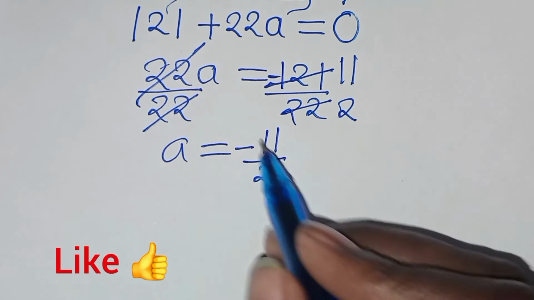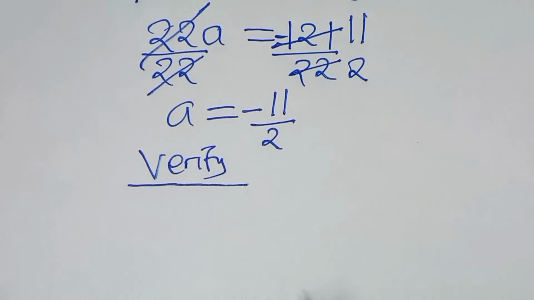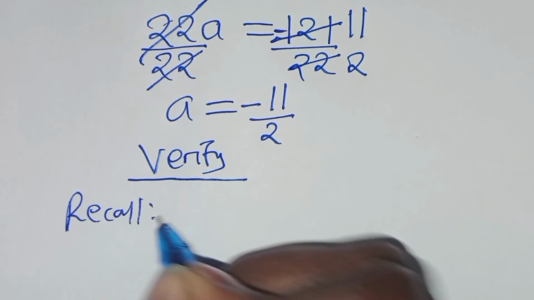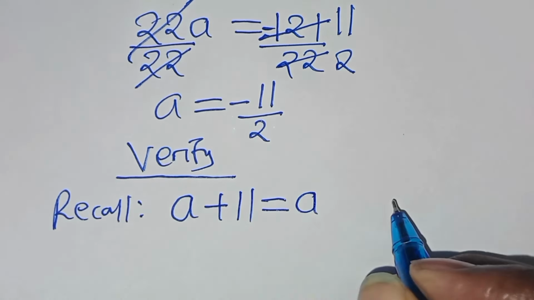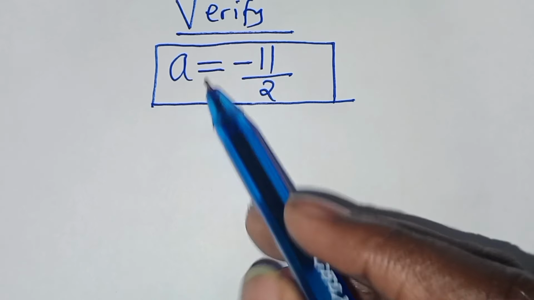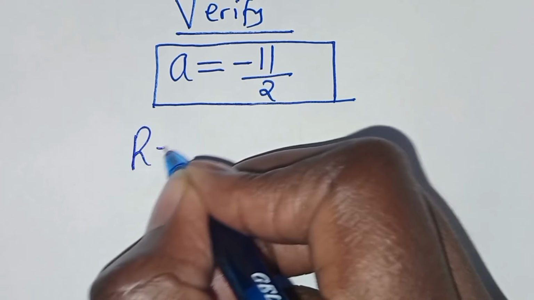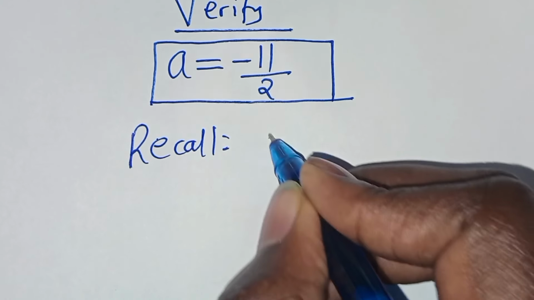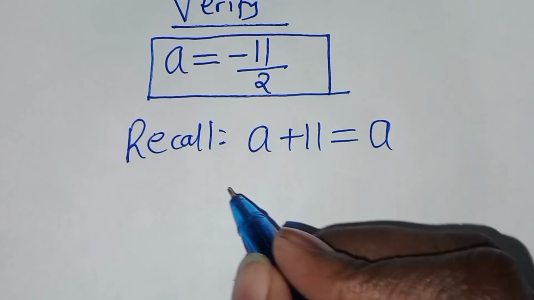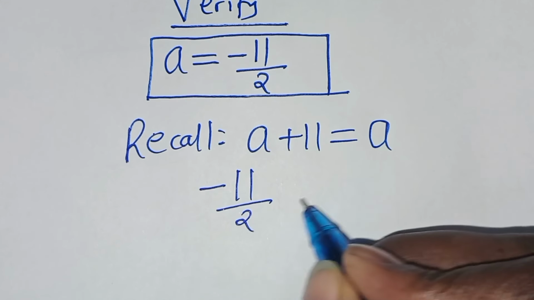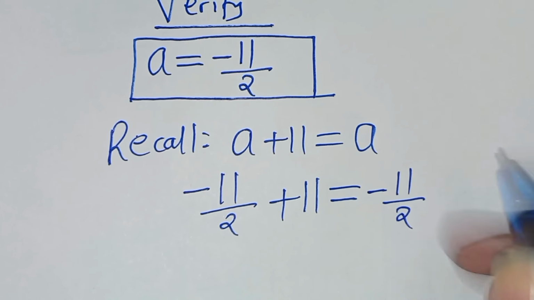So we can verify here. Let's verify that a equal to minus 11 over 2 satisfies the equation. If you recall, we have that a plus 11 is equal to a. Now, we have minus 11 over 2 plus 11, which should equal minus 11 over 2.